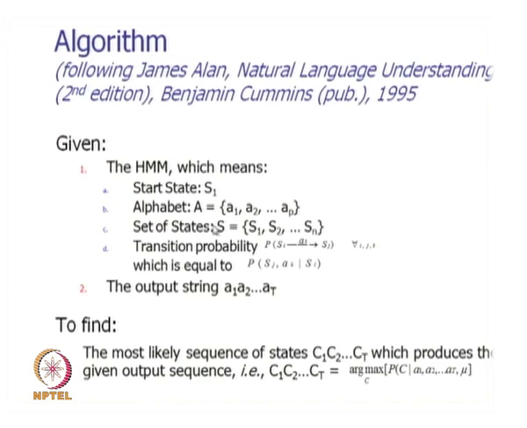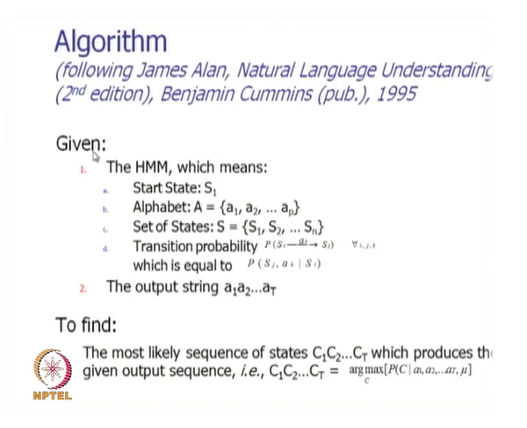So, this gives rise to the algorithm for Viterbi, and it is the version that appears in James Allen, Natural Language Understanding, 2nd edition, Benjamin Cummings Publishers, 1995.